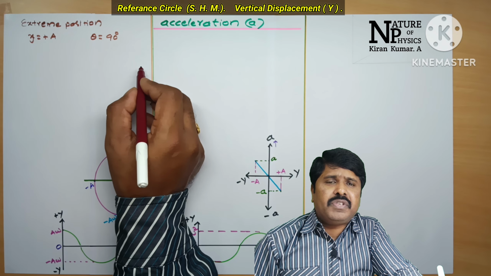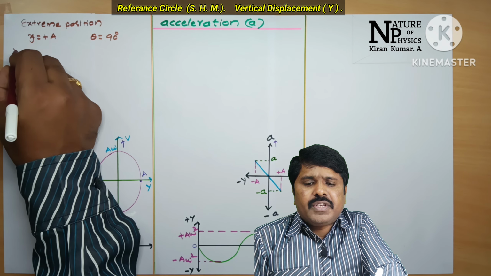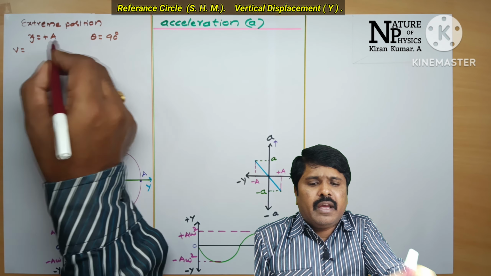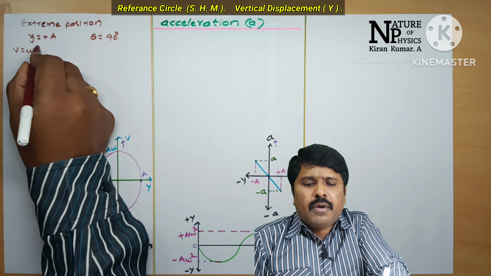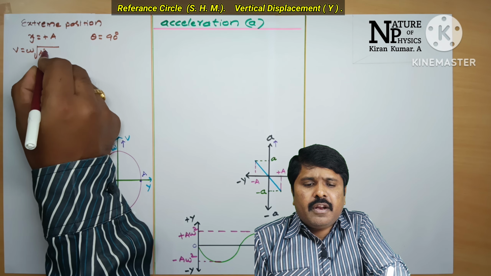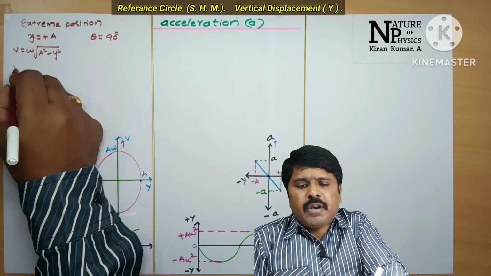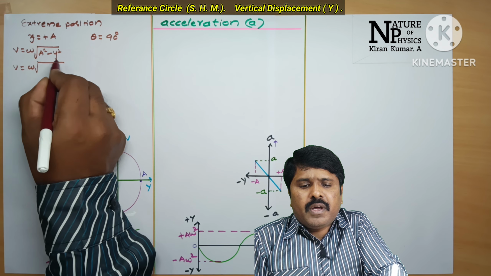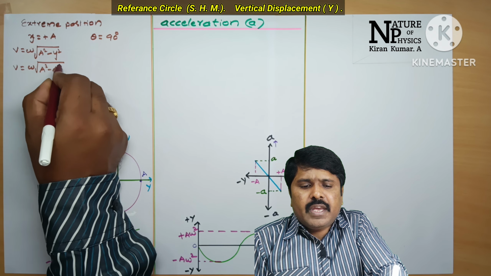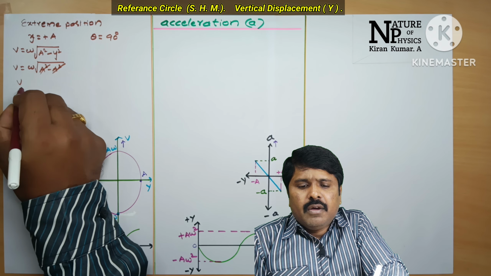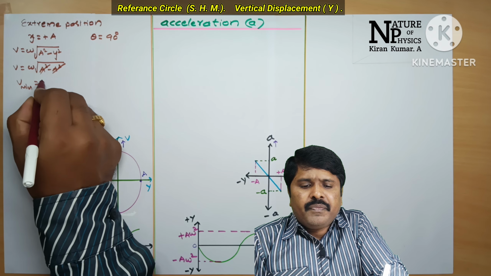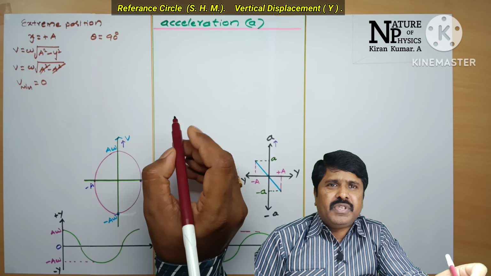The basic equation for velocity v is omega root over a square minus y square, so replacing the y value, that is root over a square minus a square, which cancels. Velocity is minimum at the extreme position.